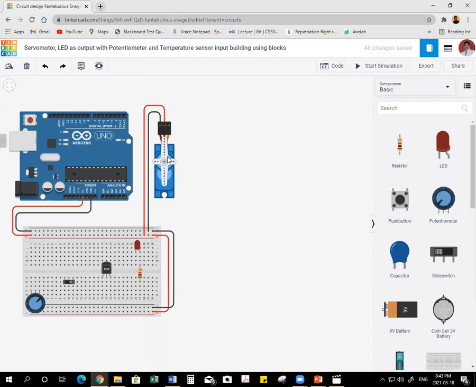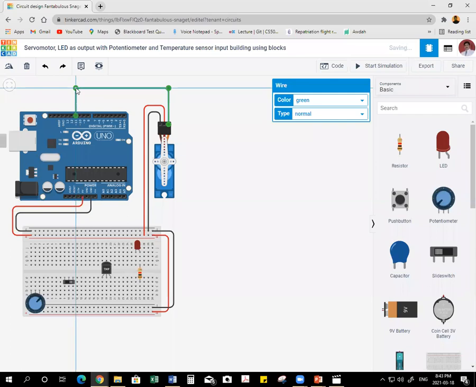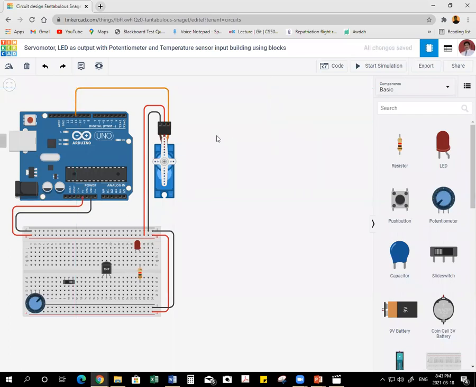Next, now we are not reading, we are moving the servo with a potentiometer as an input or temperature as an input. So we have to give supply or control from this digital output. So we'll connect to pin 11, no problem. Orange you can take. Okay, servo finished.